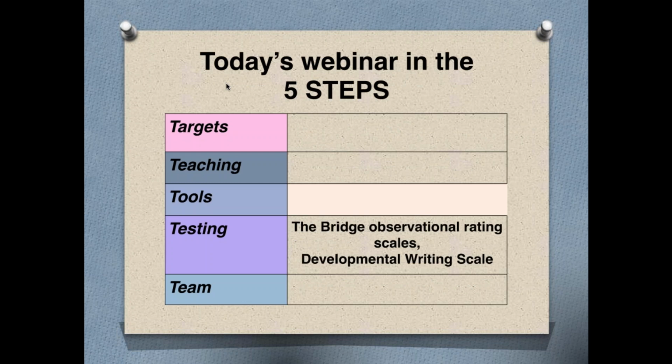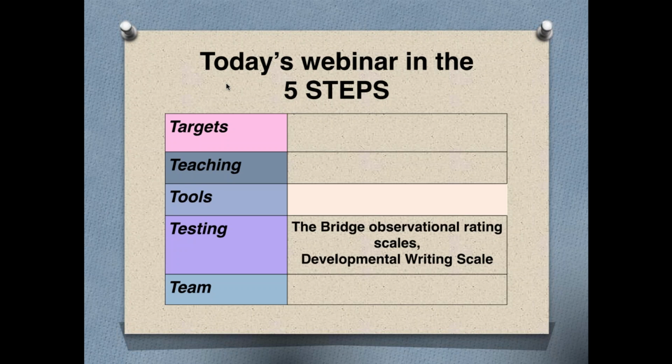Using Maureen Never's 5 steps framework, we are looking at assessment tools, so kind of testing tools, so the Bridge Observational Rating Scale and the Developmental Writing Scale. And what's really lovely about both of these is that they are in the public domain, they are free, and there's a variety of support tools, particularly for the Bridge, but also within the Developmental Writing Scale.